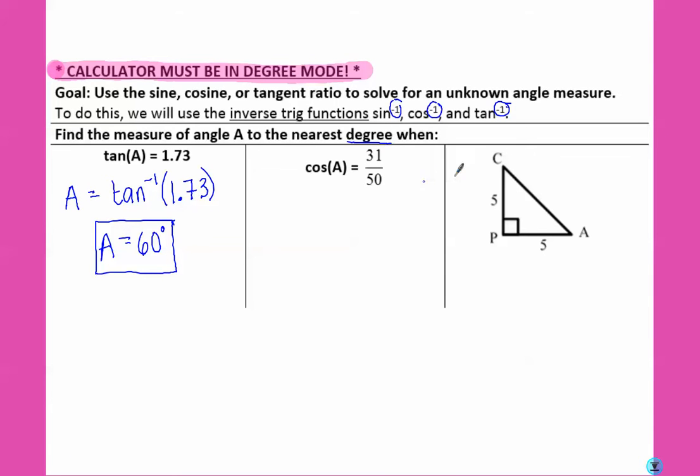What if we're dealing with a fraction? We can do the inverse trig functions on fractions as well. So if we want to get A by itself, to undo the cosine, A would equal cosine inverse of 31 over 50.